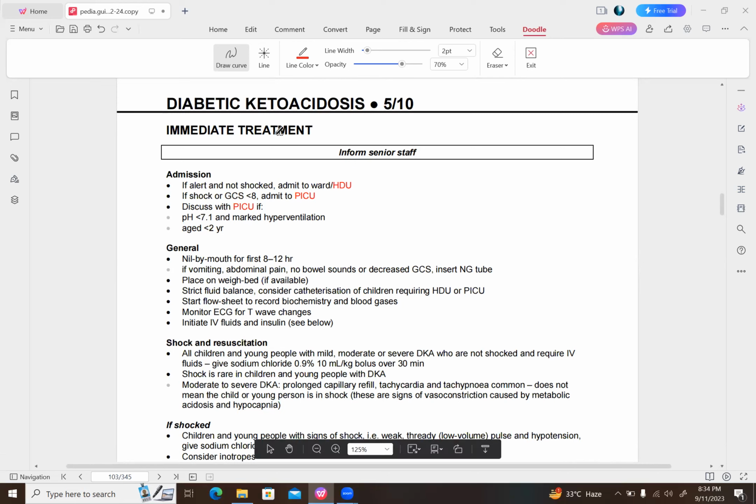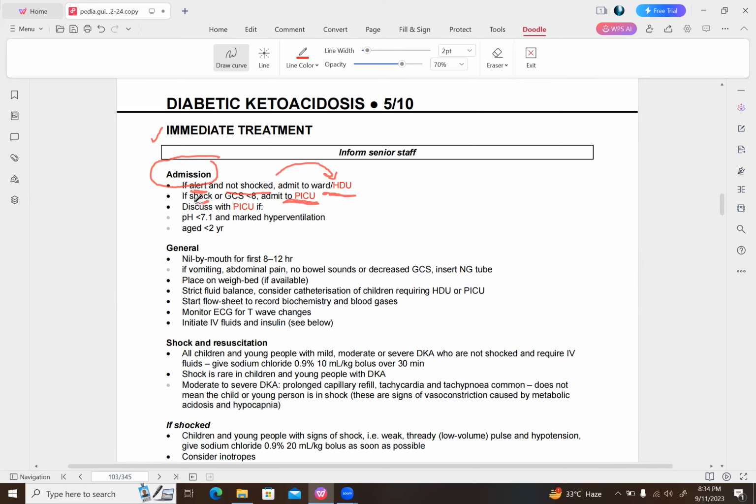Okay, now coming towards the immediate treatment. There is the criteria of admission to the high dependency unit and PICU, pediatric ICU. There is a difference, all right? If the patient is alert and not in shock, you admit in the high dependency unit, but not in the ICU.